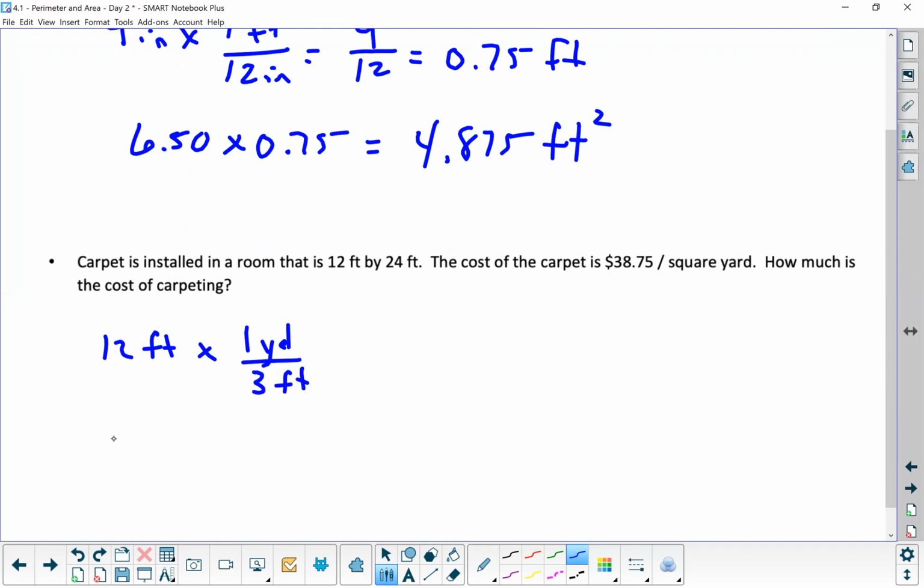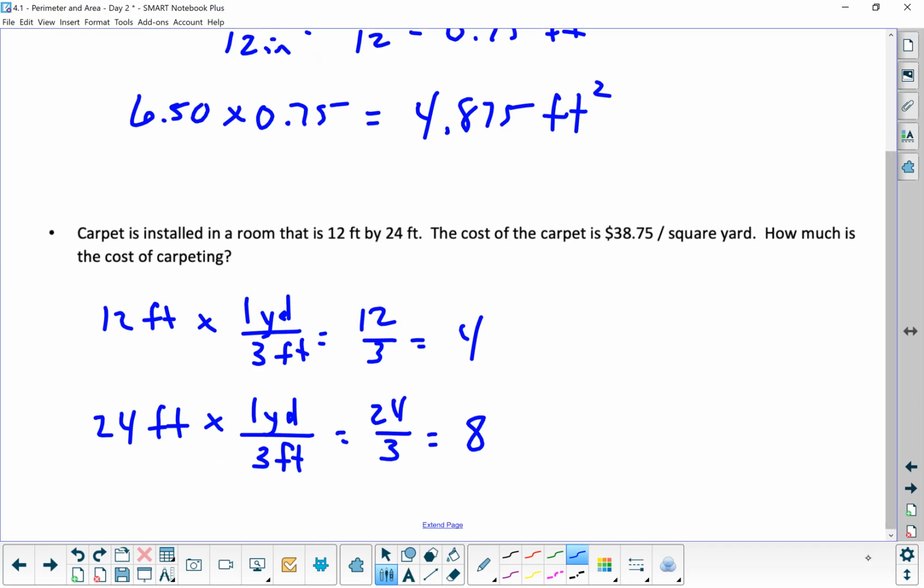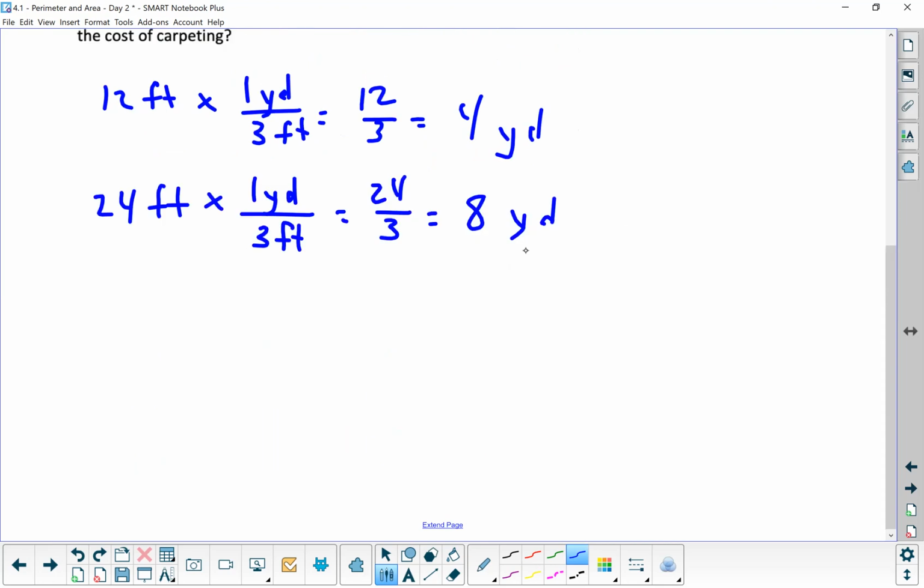I'm going to do the same thing with the 24 feet. 1 yard, 3 feet. So I get 12 over 3, 4. 24 over 3, which is 8. Now those are both in yards. Multiply those together. We get 32 square yards.